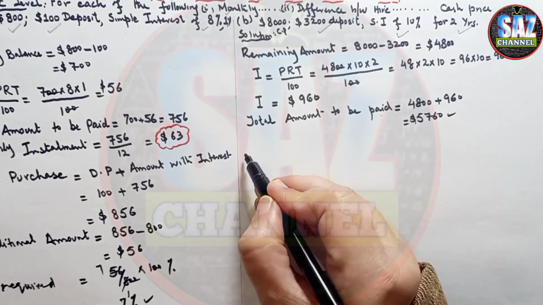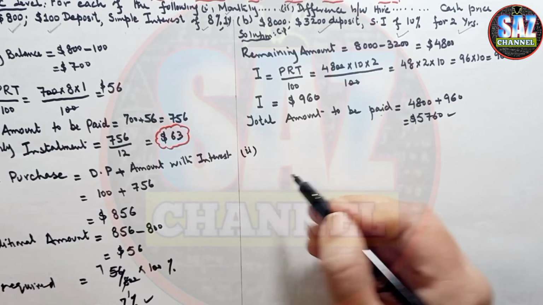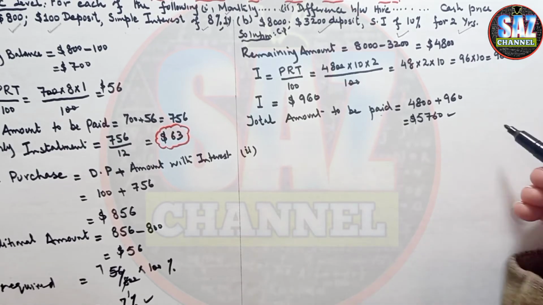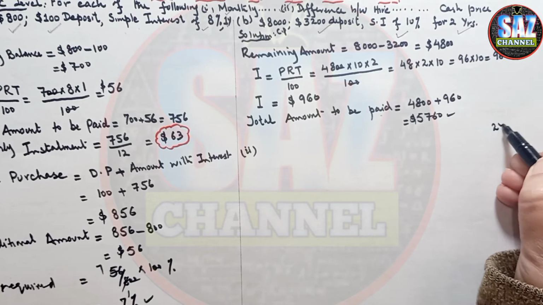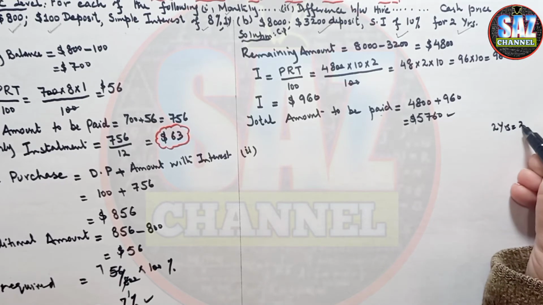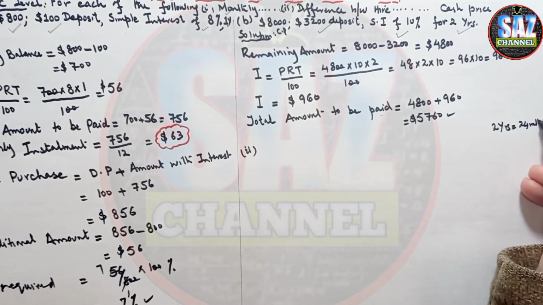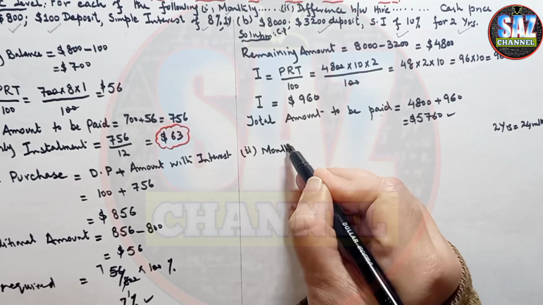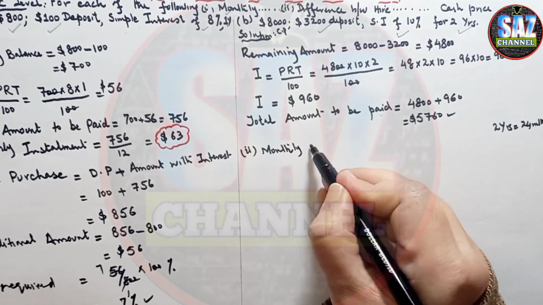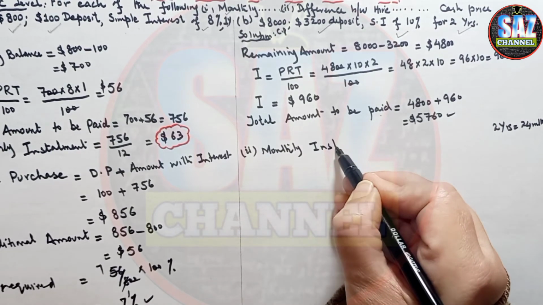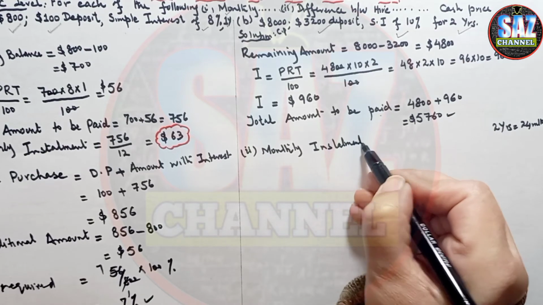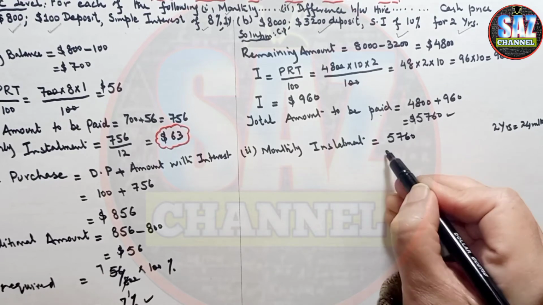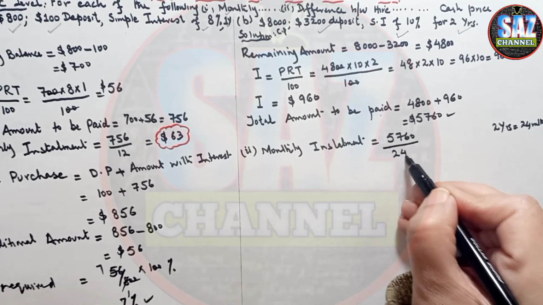And then we have to find the monthly installments, that how much amount we have to pay to the shopkeeper in 1 month. As 2 years are equal to 24 months, monthly installment will be equal to total amount 5760 upon 2 years, which is 24 months.